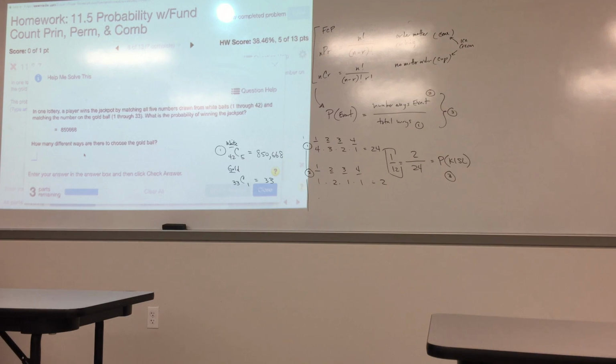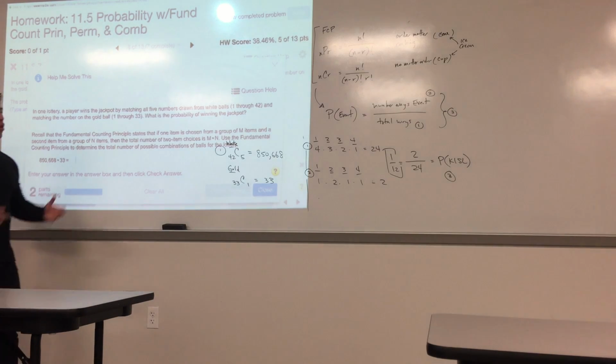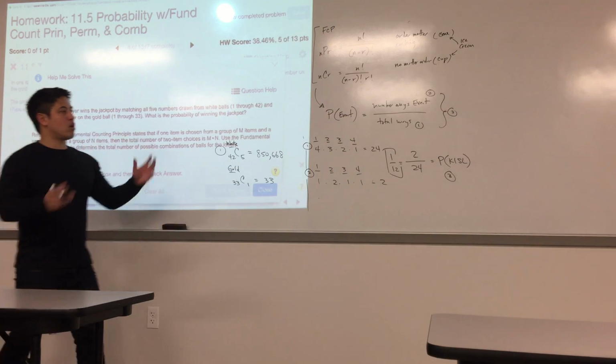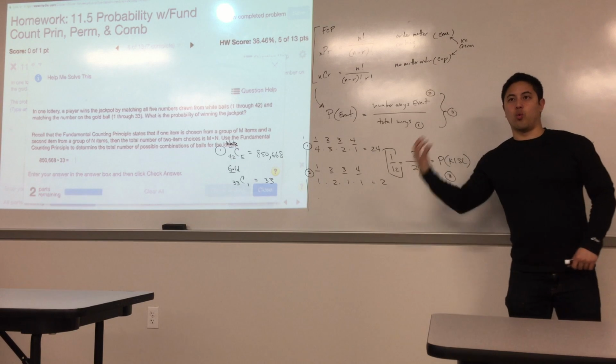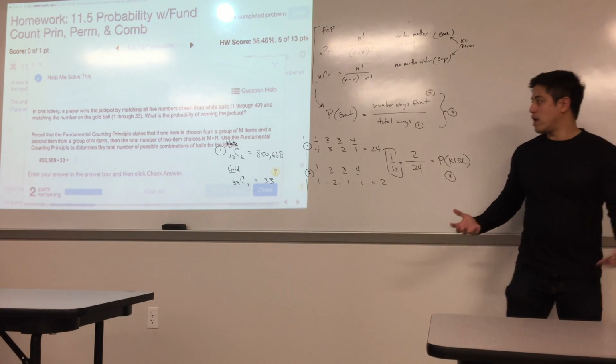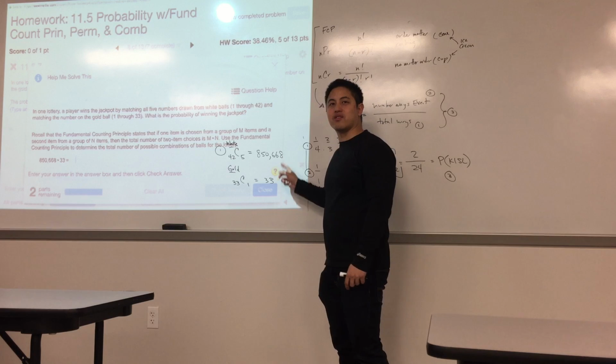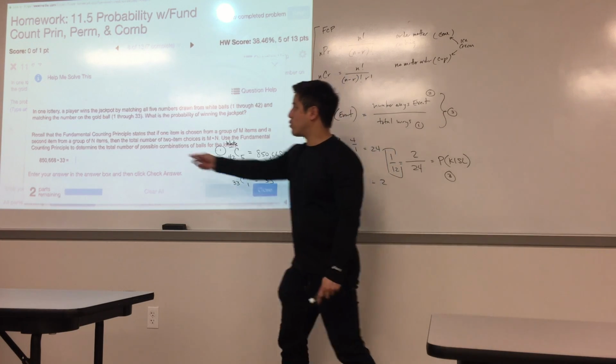Okay? Because you have to find out all the ways to select the white ones and the gold ones. And so, therefore, the total possible number of ways to select the white and the gold is by multiplying these two. Does that make sense, guys? And that's what they tell you right there.